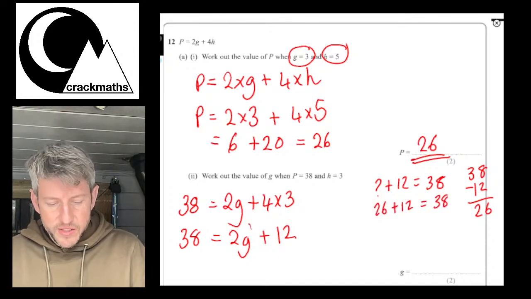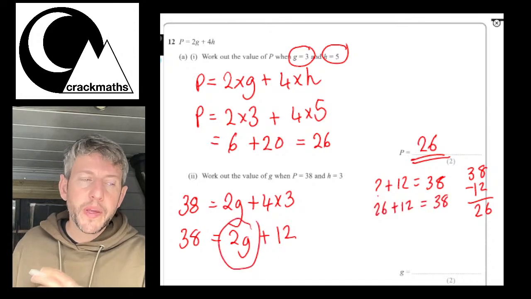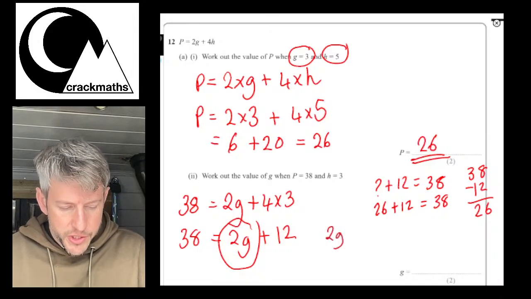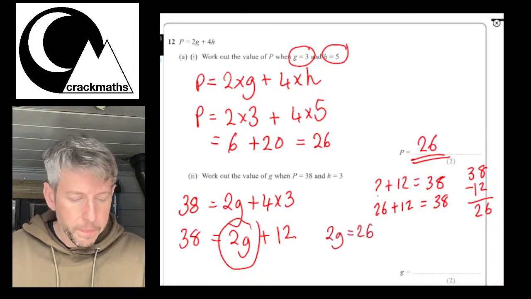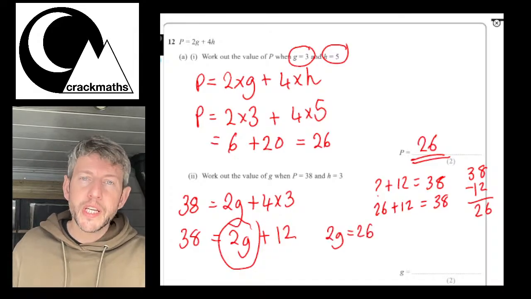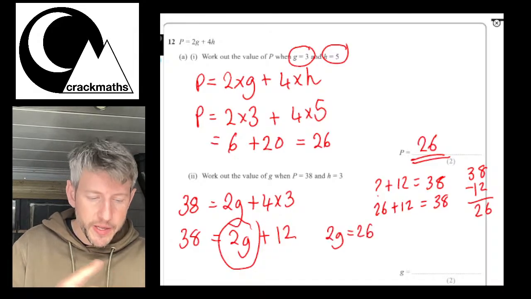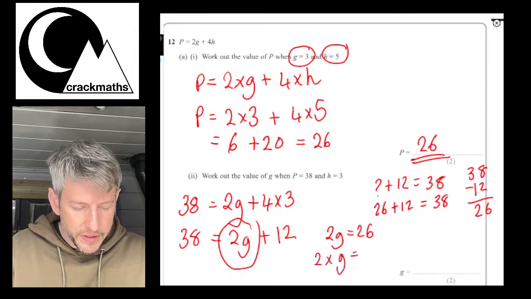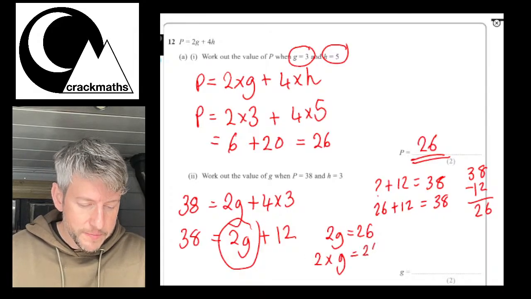So that means that 2G must be equal to 26. Now remember, 2G means 2 times G. So 2 times something equals 26.